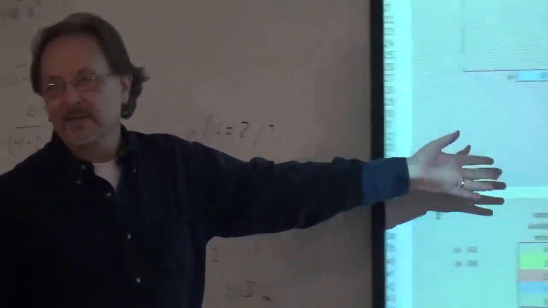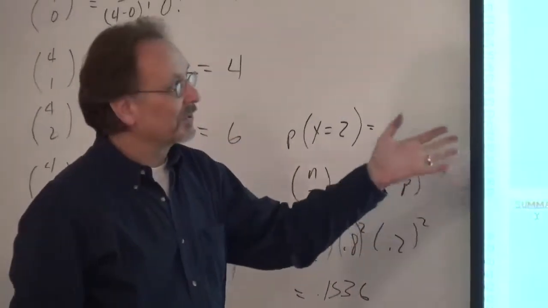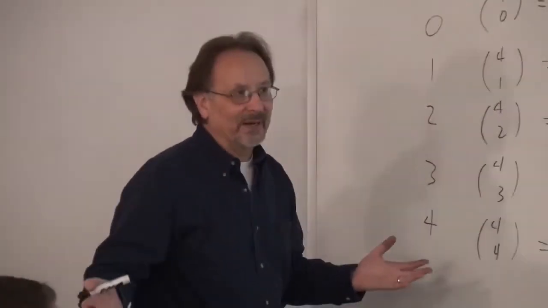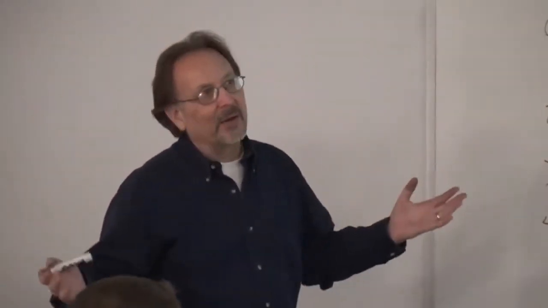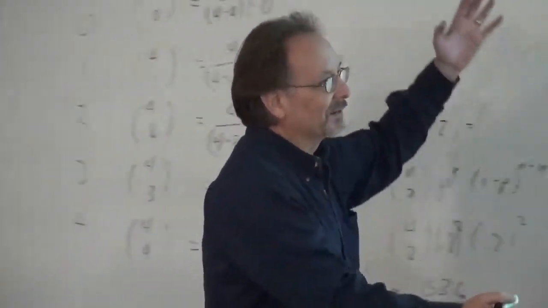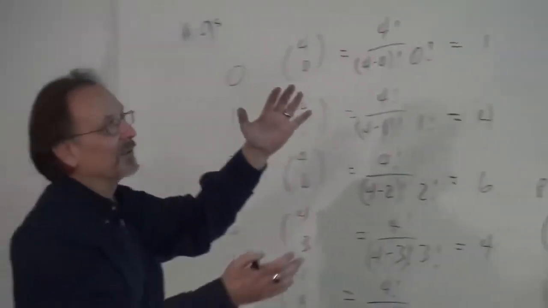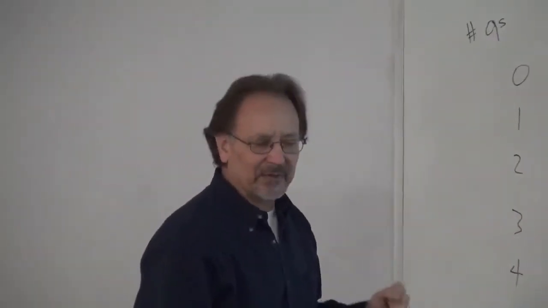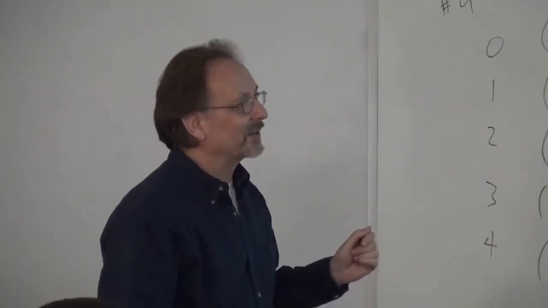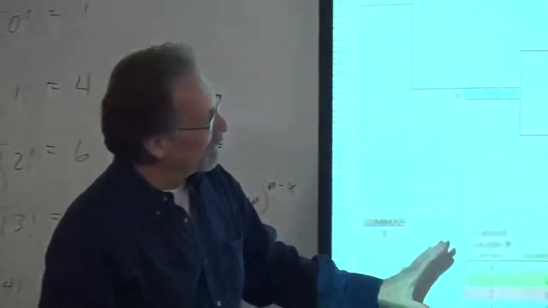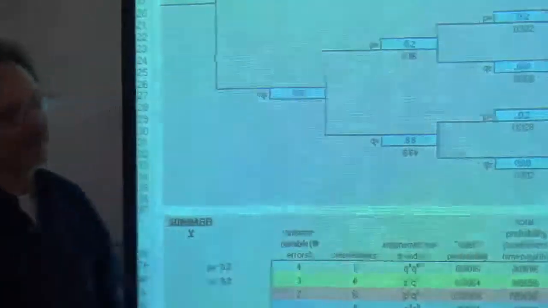This is ugly enough with just 4 sequential trials, and if we have 20 launches, or 20 attempts to do something, this would expand way out and become unwieldy. The binomial distribution takes the sequential Bernoulli trials and gives you a formula by which to calculate it, which essentially does this.